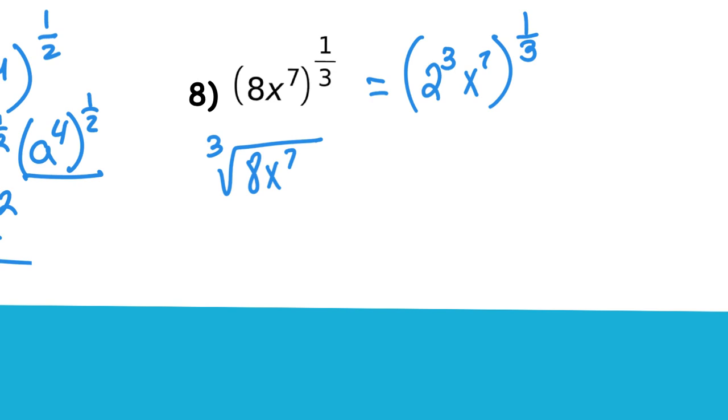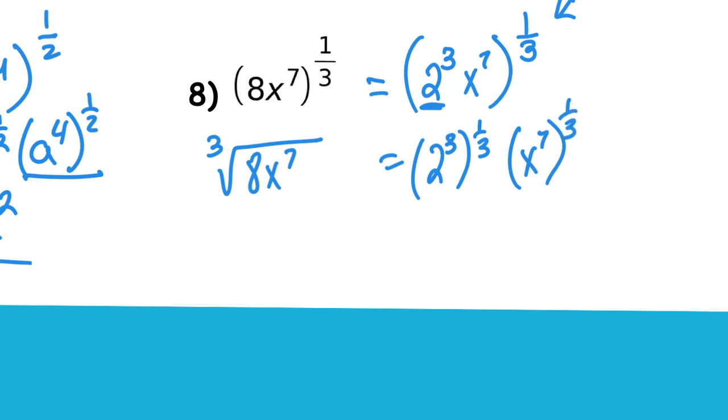That would be the rewriting to a radical. But now let's look at what we can do. I got 2 cubed raised to the 1/3. So what's 3 times a third? So I got 2 cubed raised to the 1/3, and then I also got x to the 7th raised to the 1/3.